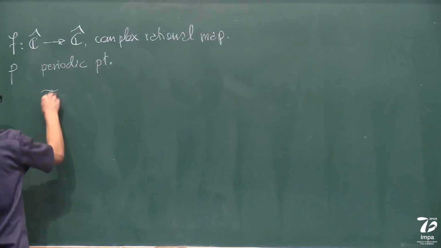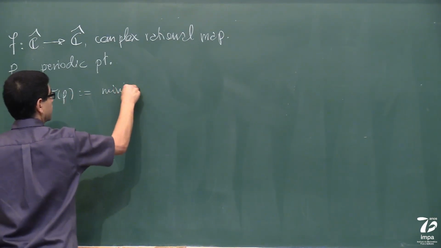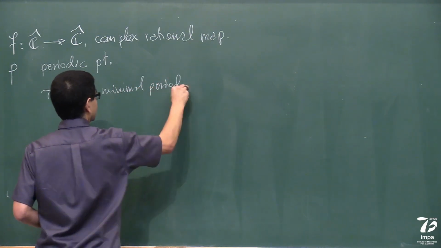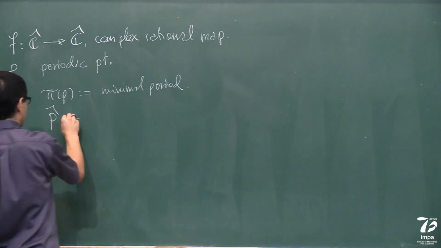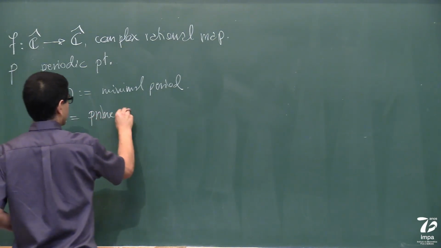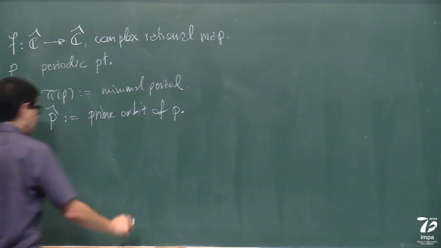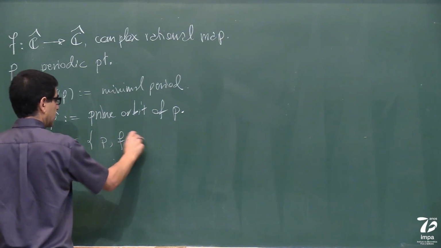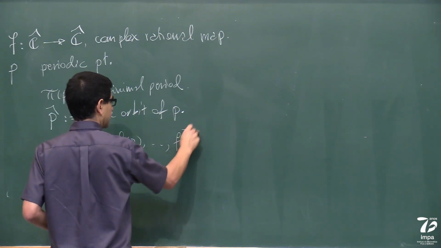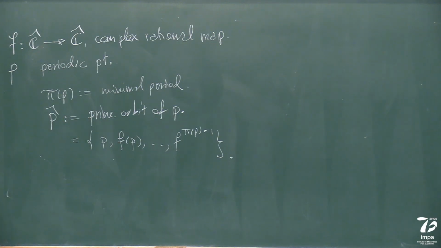So pi of p will be the minimal period. p hat will be the orbit. So maybe to be precise here, it's formed by all iterates up to the minimal period minus 1. So it's a set of pi of p points.